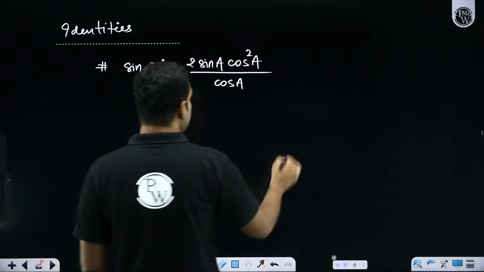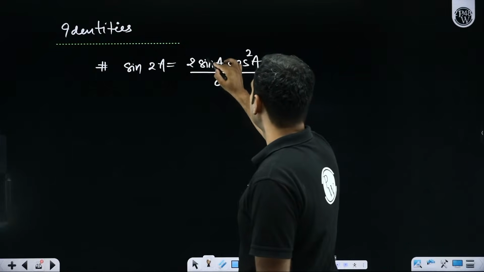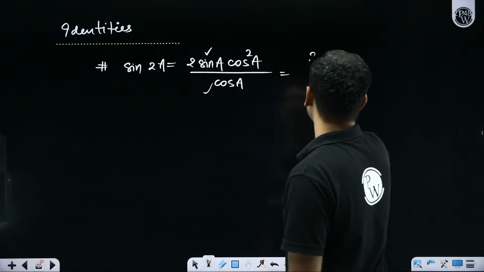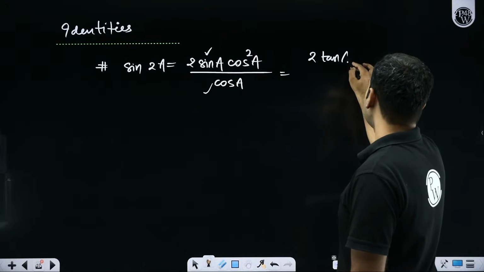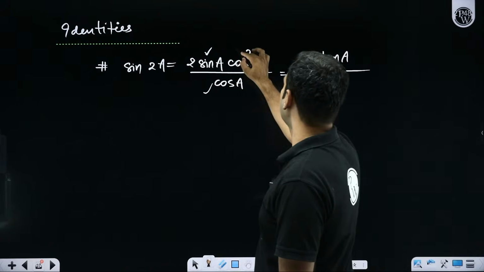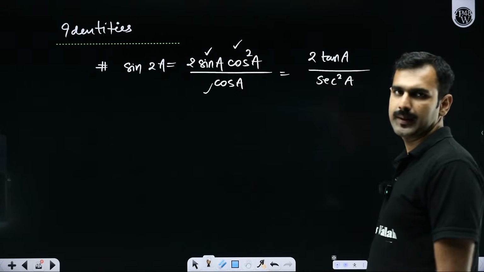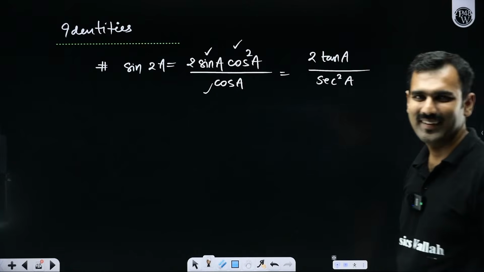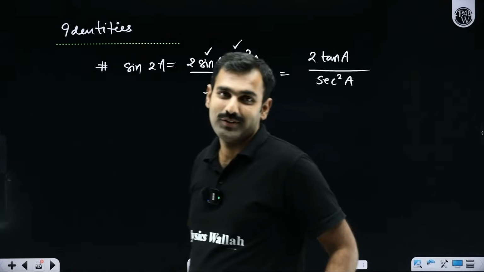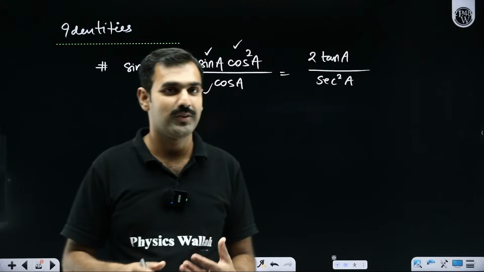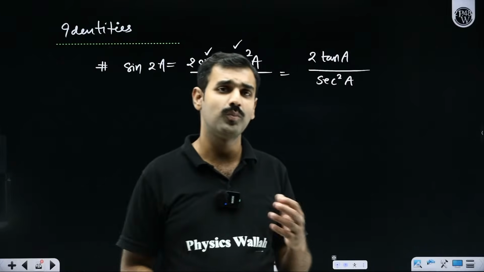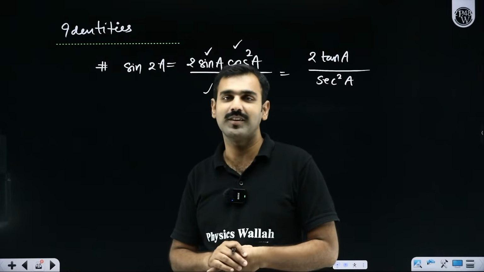But sir, what are you really trying to do? I am saying that sine upon cos, what is that? That is tan. And this cos square A, if I push it in the denominator, can be written as sec square A. Depends on the question actually, Sanjay. You just cannot say something is more important, something is less important. Everything is equally important.